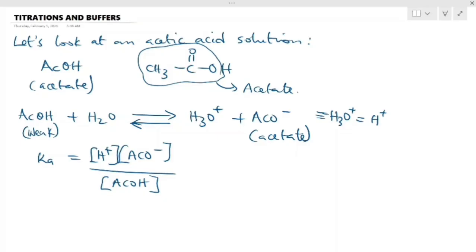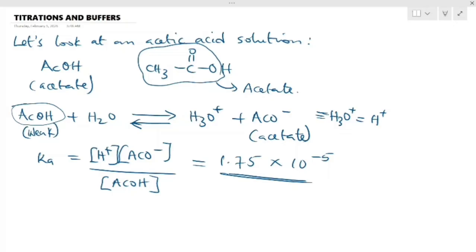So the value of the Ka is very small. This acetic acid reaction has a dissociation constant of 1.75 times 10 raised to power minus 5, which is very, very small. That shows that not very much of this reactant is actually dissociated.